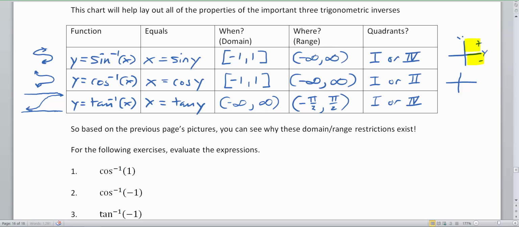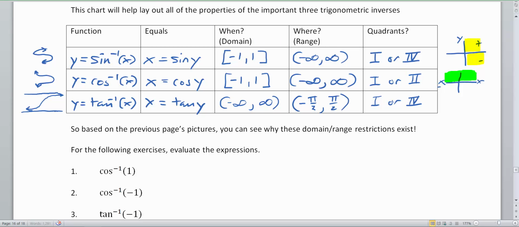Oops, sorry, I should put my y there, not there. Sorry about that. So my y is positive there, my y is negative here, and here on my x, I've got an x and negative x here, negative x, positive x. So that's why we're going to look at the first and second quadrant for our cosine.